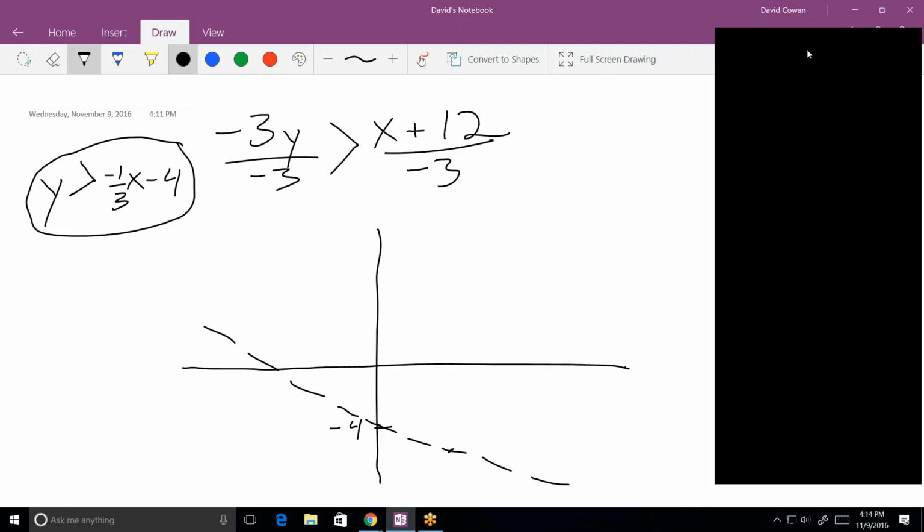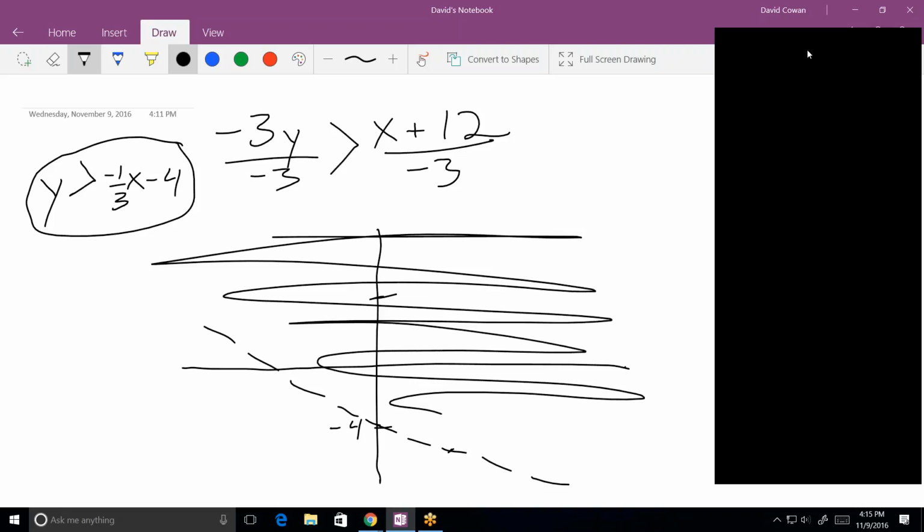So what should it be, above or below this? Above, because y has to be greater than that. So all I have to do is go to the y-axis and find any point on the y-axis that's greater than that line. I could pick a point up there. That tells me which side to shade.